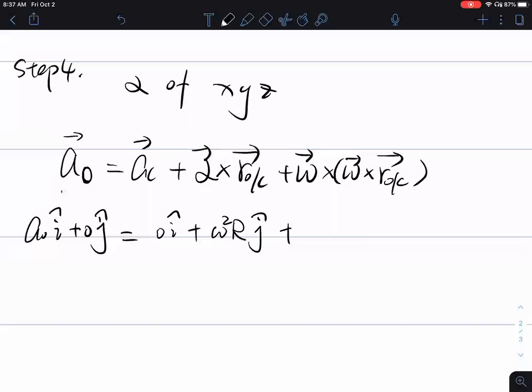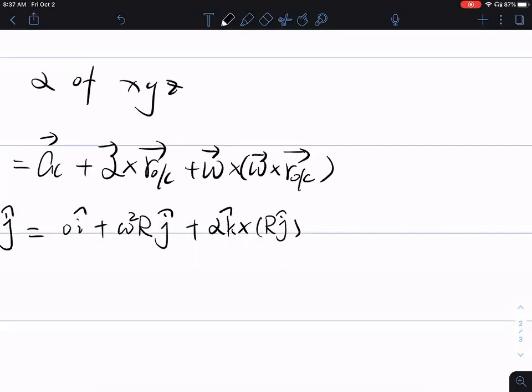And plus alpha, that's the variable we're looking for, the unknown, cross product r_O/C. What is that vector? r_O/C is a positive radius in the j direction. So alpha k cross R j.